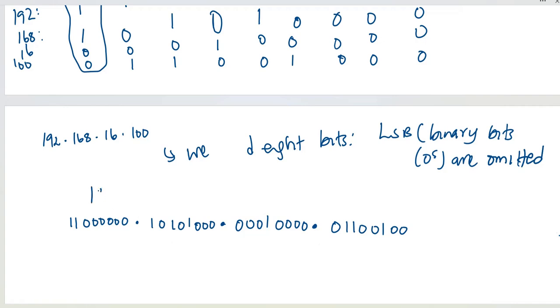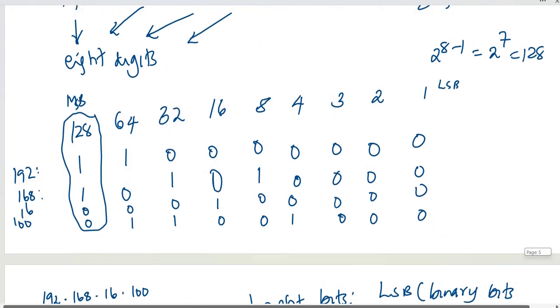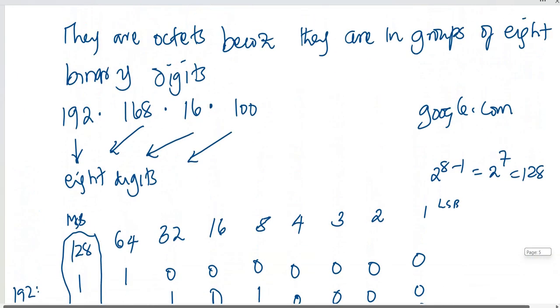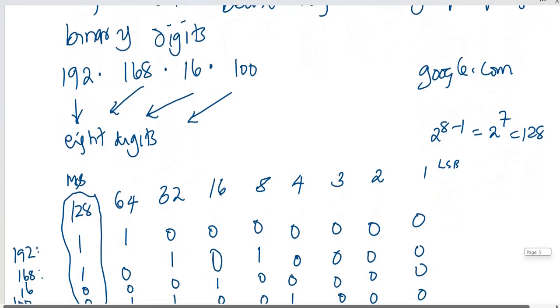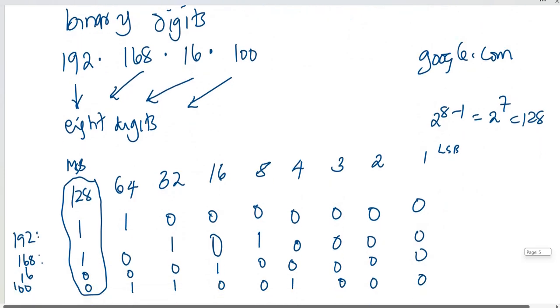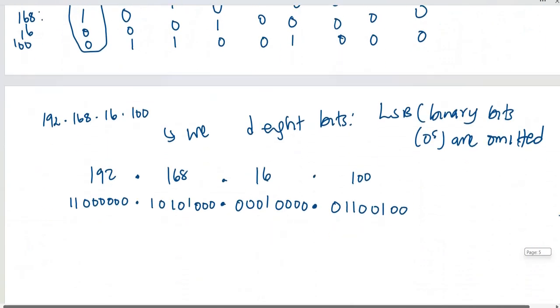So we have 192, 168, we have 16, and we have 100. So the IP address that we would need when we have 192.168.16.100, a conversion would look like that.